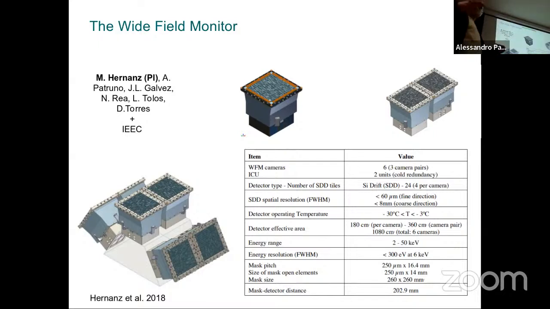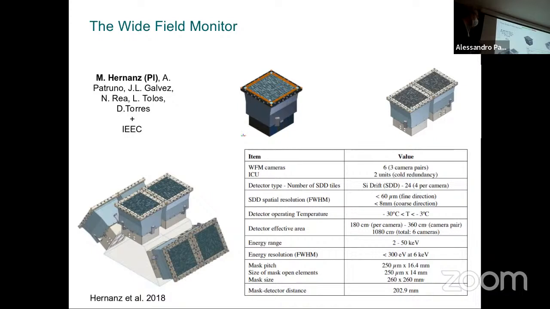So you have this grid with dark spots and transparent spots where the X-rays can cross, and then you project basically an image of the coded mask on the image plane, and then you can deconvolve it with several techniques and reconstruct the direction from where the source emitted the photons. So this is a very standard way of detecting X-rays and gamma rays nowadays.